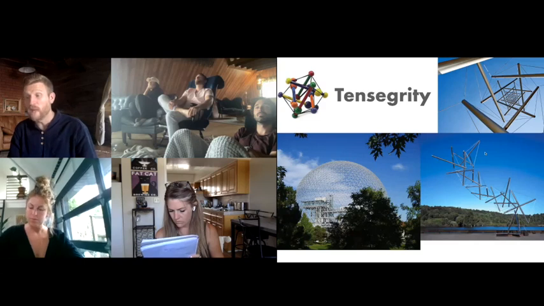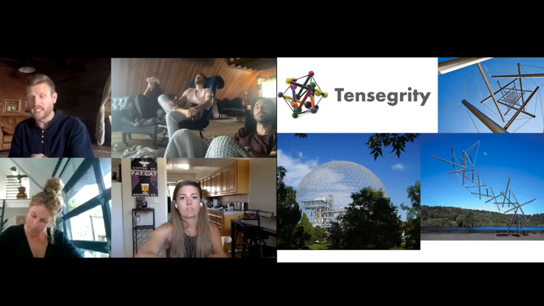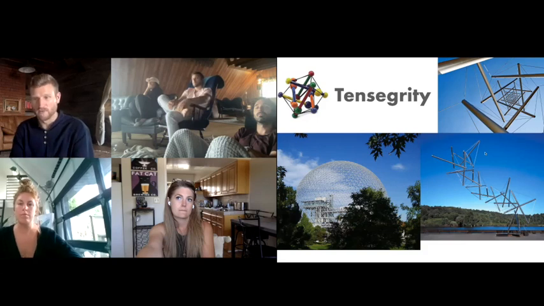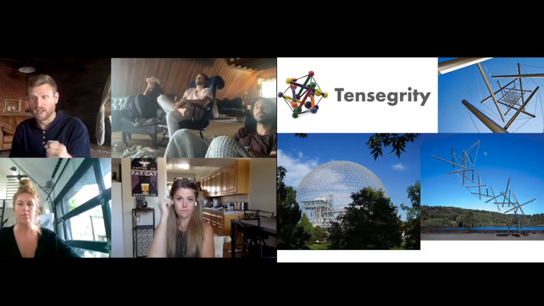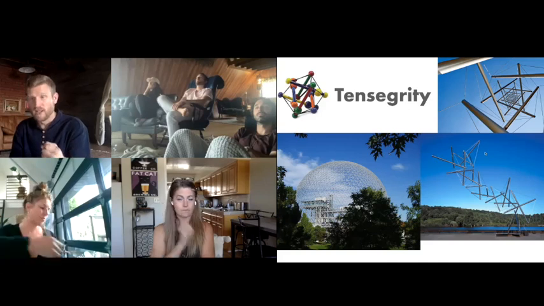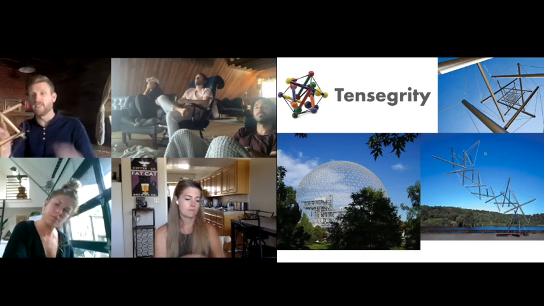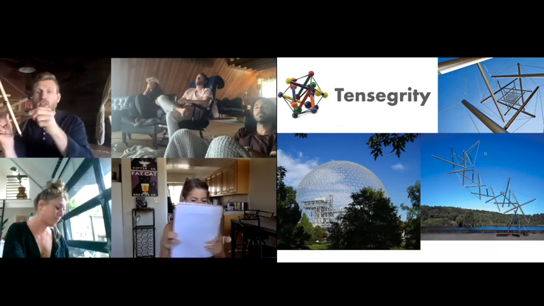A radio mast or a sailboat mast, for example, is fixed at the base and needs that fixed point to keep it upright. The boat does not need the mast for its integrity, but the reverse is not true, right? So that's a tension structure, but it's not a tensegrity structure, because every part of a tensegrity is reliant on the entire structure for its continued existence. So with this, if I snip one of these, the whole thing falls apart.